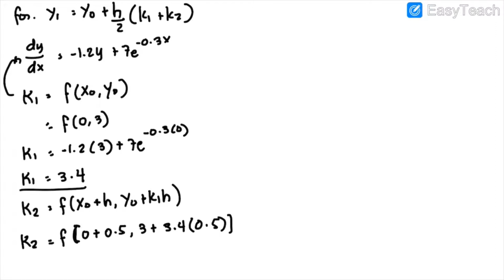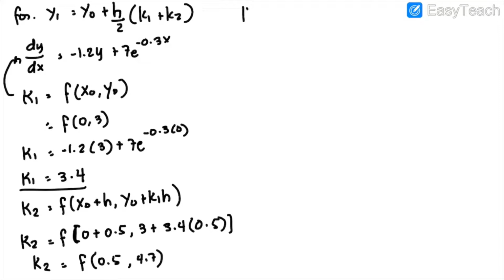So we will be able to solve for k2 as the function of 0.5 and 3 plus 3.4 times 0.5, that is 3 plus 3.4 times 0.5, which is simply 4.7.